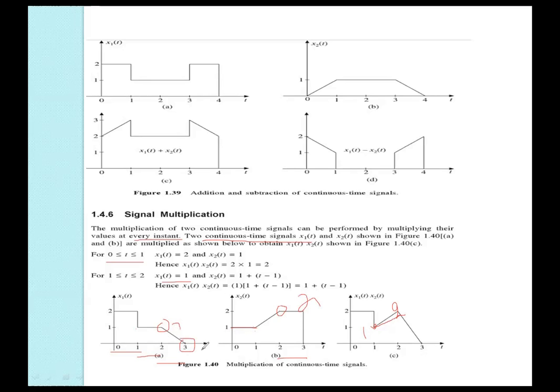At 3 the value is 2. 0 into 2 becomes a 0. What it matters? By seeing the given signals x1 and x2, take the ranges, see what is the magnitude there, and take here also the ranges, what is the magnitude, and multiply those two magnitudes. Accordingly, you can draw x1 into x2, the signal multiplication.